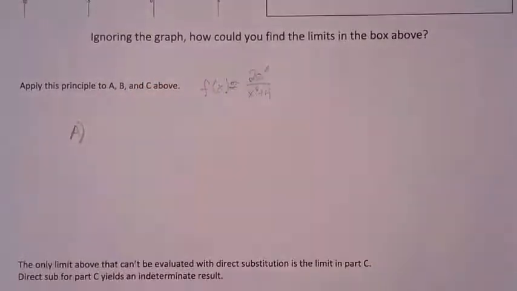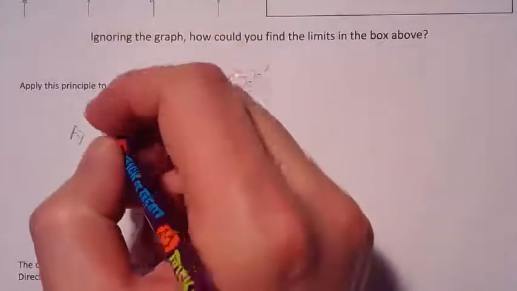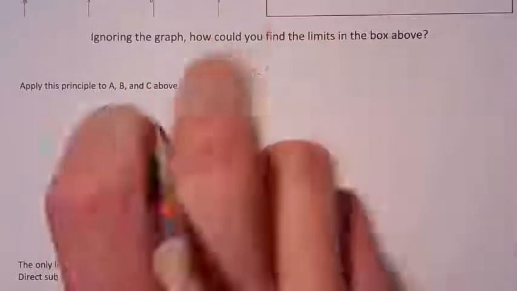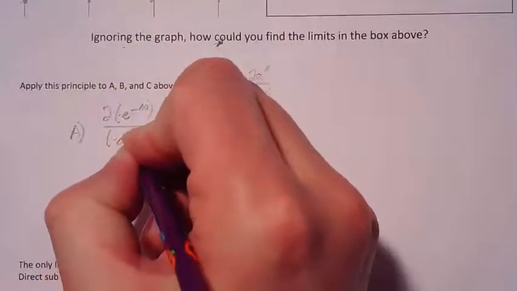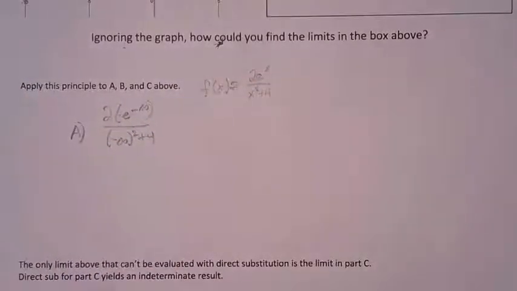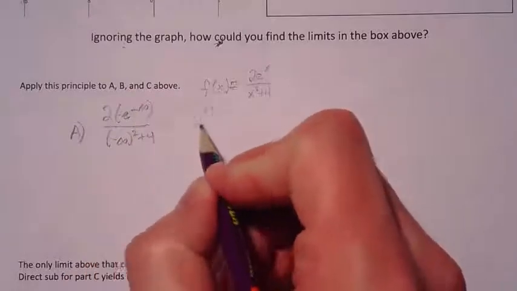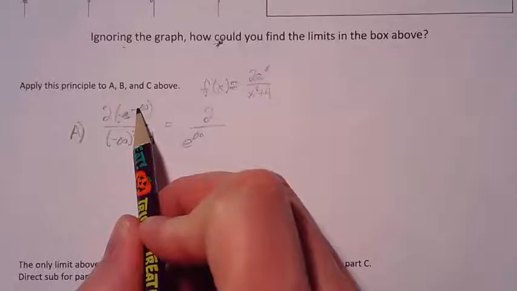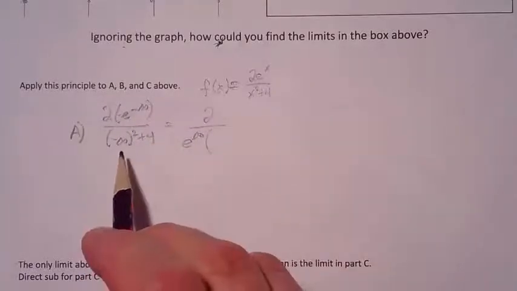To be a little more formal about it, in A, if we wanted to plug in negative infinity, we'd have something like that. E to the negative infinity would be like e to the positive infinity on the bottom, because if you have a negative exponent in a monomial, you can move that to the denominator.